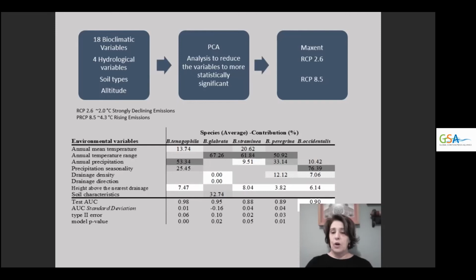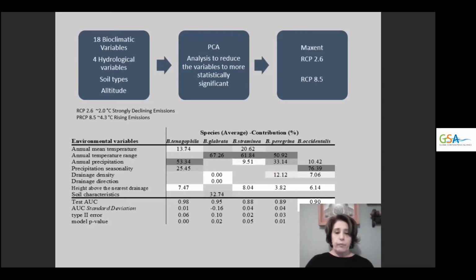in terms of greenhouse gas emissions. An RCP 2.6 scenario, where we have a strong decline of emissions during the years, and a scenario of RCP 8.5, which characterizes a drastic scenario, with a rise of temperature to more than 4 degrees, and it's a strong scenario.